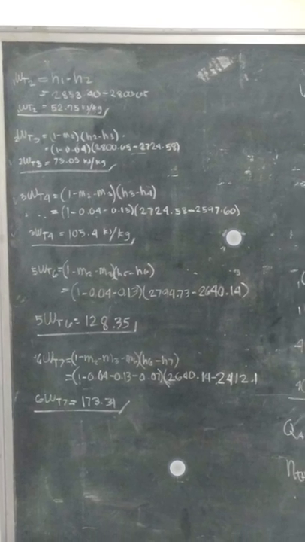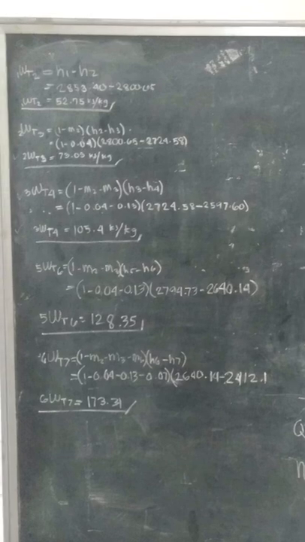So the same also at work turbine 6. We have 1 minus mass 2 minus mass 3 times the H5 minus H6.